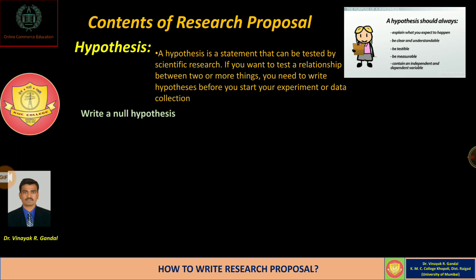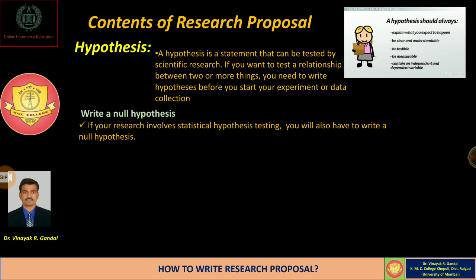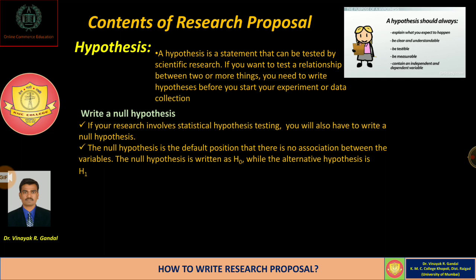So generally learners are always required to write a null hypothesis. If your research involves statistical hypothesis testing, you will also have to write a null hypothesis. The null hypothesis is the default position that there is no association between two variables, and normally the null hypothesis is written as H0 while the alternative hypothesis is written as H1.